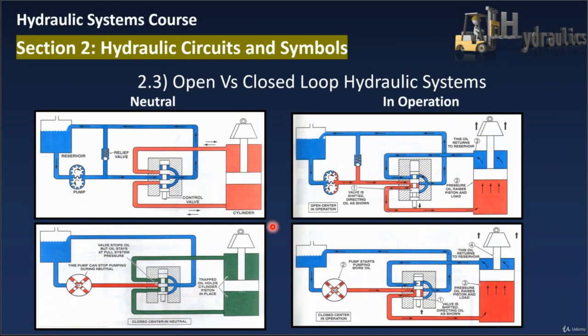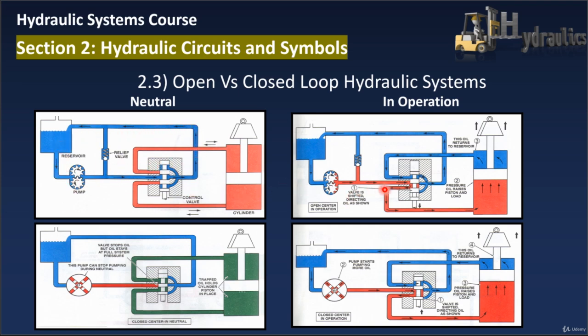This is just a comparison between the open and closed loop hydraulic systems. For the open loop hydraulic system, in neutral there is no movement of the piston. You can see the oil is pumped continuously, going back to the tank.